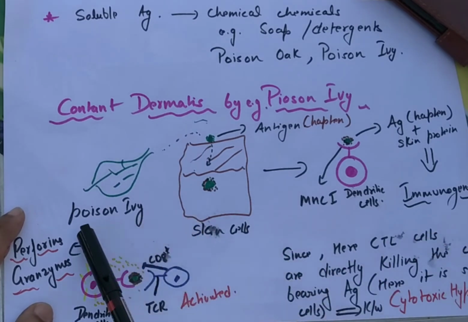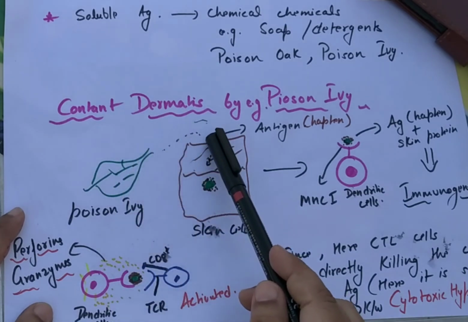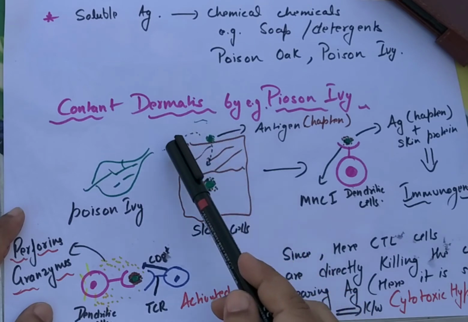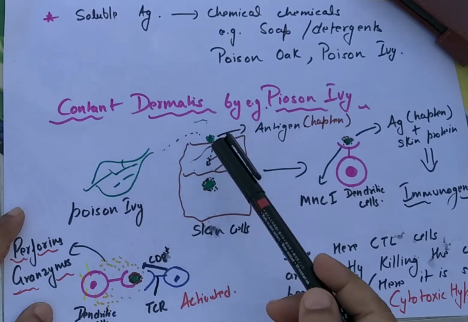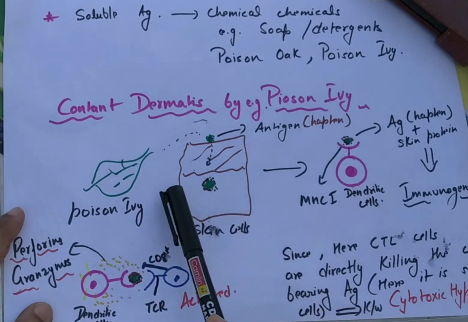So what happened? If a poison, a specific antigen, is coming from this plant and a person gets in contact with this plant and the poison comes on his skin, what will happen? It will be taken up by the cell.